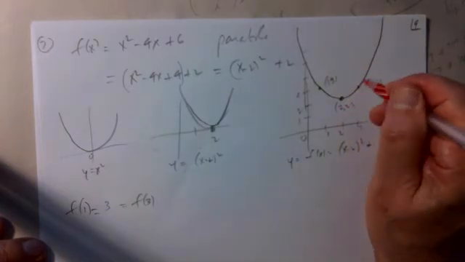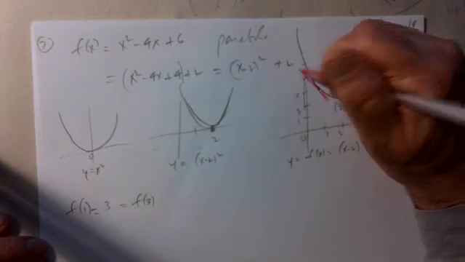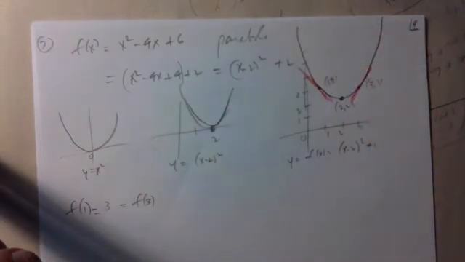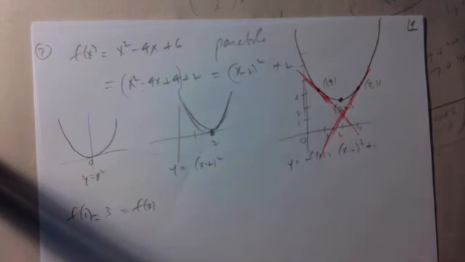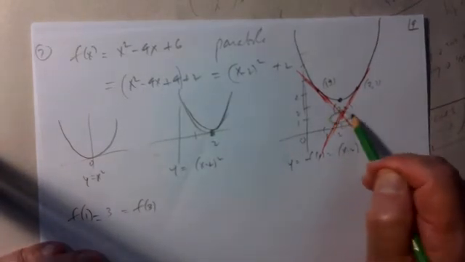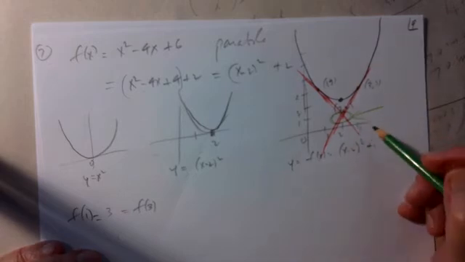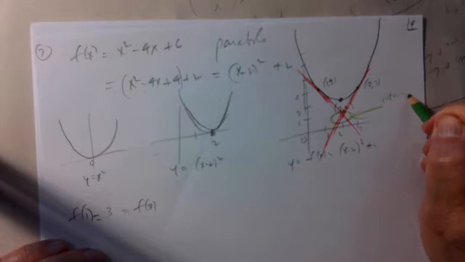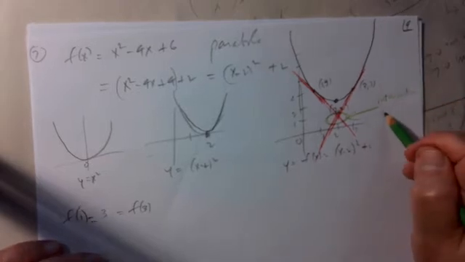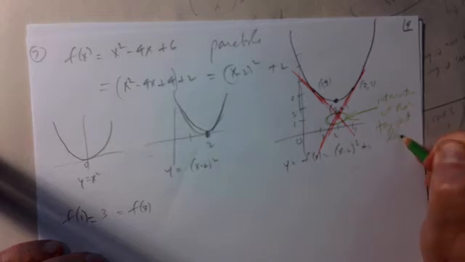And we want to compute the tangent lines at those two places and find where they intersect. Here's one tangent line, here's another tangent line, and there's a certain point, this point right here, which is the intersection of the two tangent lines.